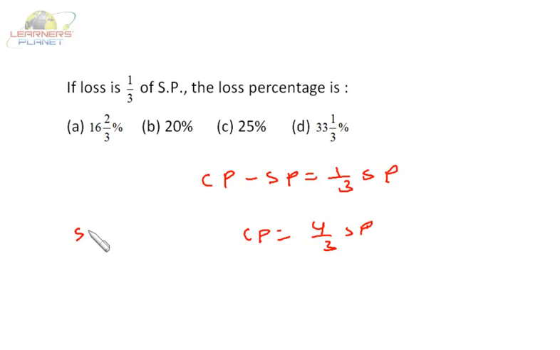That means SP by CP is 3 by 4. Definitely there is a loss, and that loss is 25%, since it is 1 minus 1 by 4, and 1 by 4 is loss part, and if we convert it to percentage, it will be 25%. Friends, you should practice to do this sort of problems mentally.